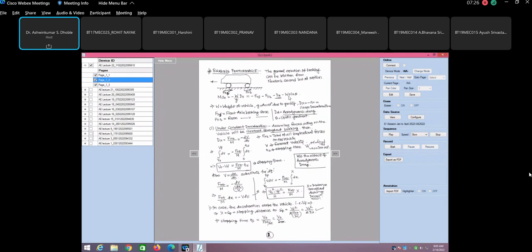Now, if you do not consider the aerodynamic drag, we have derived the expression for the stopping distance. Here, we came to know that the stopping time and stopping distance do not depend upon the mass of the vehicle. So that is the first conclusion we were able to draw from that.